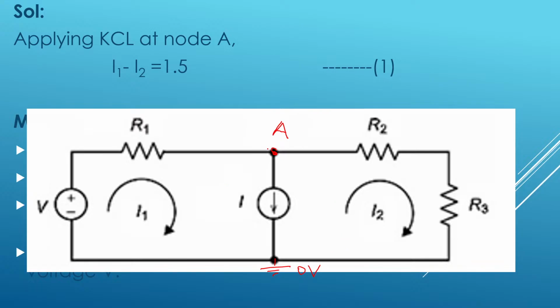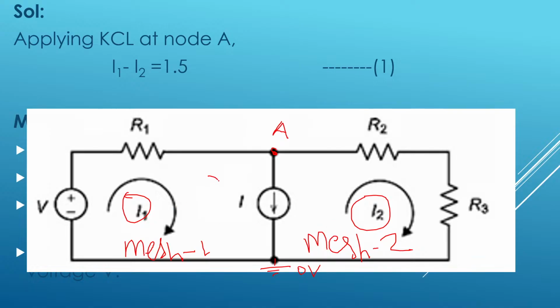If you observe here, this is mesh 1, mesh 2, and I have assumed two mesh currents I1 and I2. Actually, I didn't assume them; in the question itself they have mentioned I1 and I2 currents.